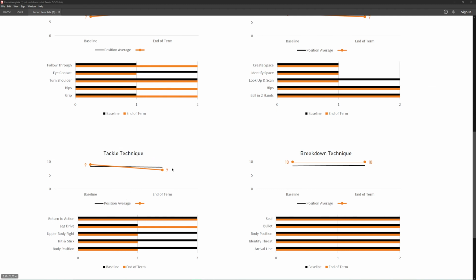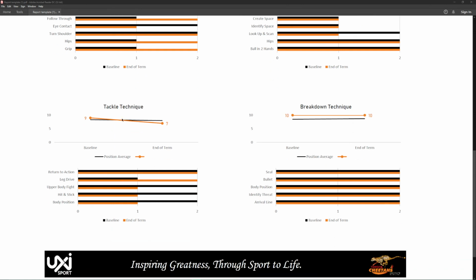So if we use this for an example, the tackle technique. According to the subjective evaluation, his tackle technique has decreased, and there's been a small decrease in the position average.